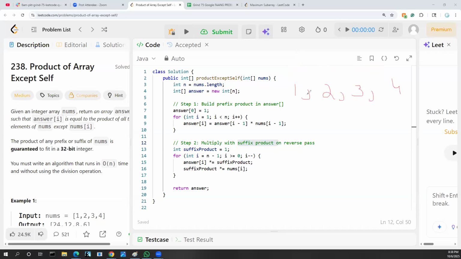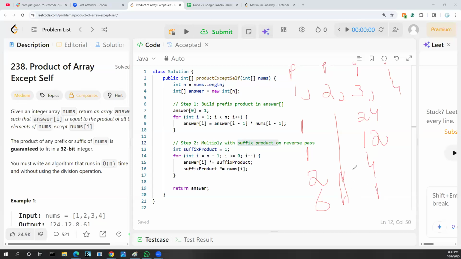Right now your prefix is 1, your suffix is 24. When your prefix moves here, my prefix is 1 and suffix is 12. It moves here, my prefix is 2 and your suffix is 4. Then it moves here, your prefix is 6 and your suffix is 1.